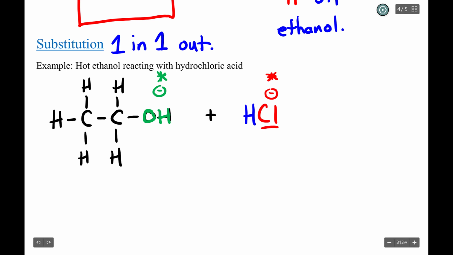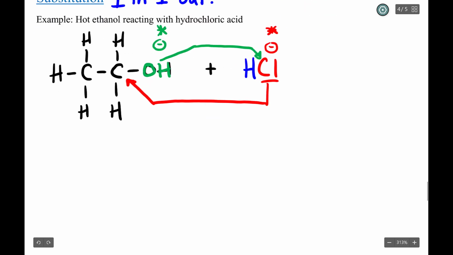So this Cl is actually really attracted to that C there. So it's going to bond with this C, and in doing so, the C is actually going to kick out the hydroxyl group, which will then swap out with the Cl. So now what we have is HCCCl, and we formed an alkyl halide.